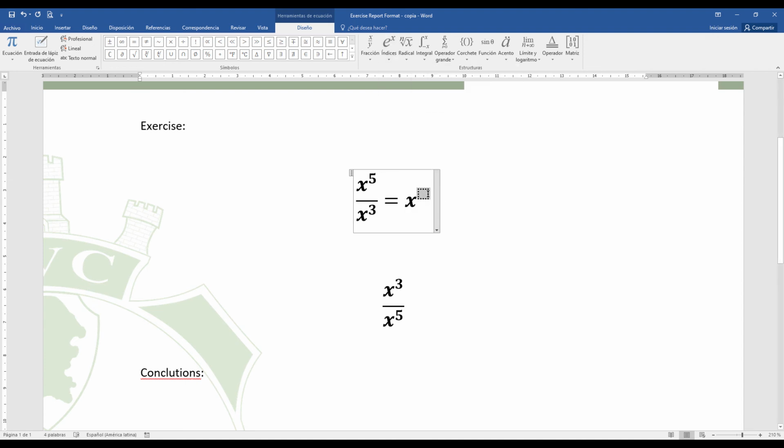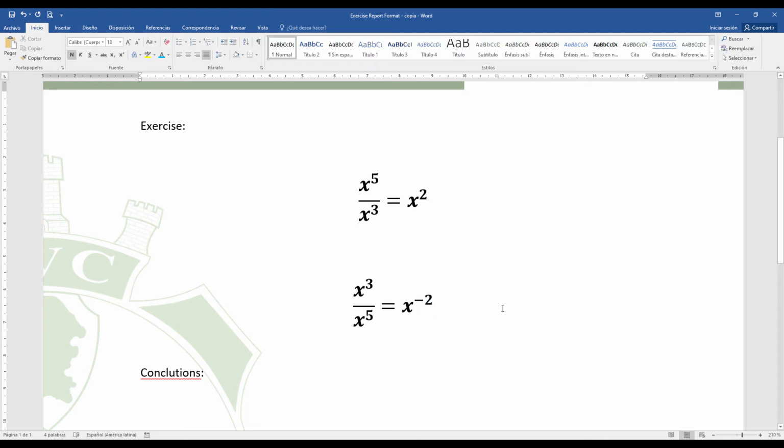If you apply the rule again, it changes a little, because when you subtract, you get x raised to the minus 2 power, or minus square power. Why did that happen?